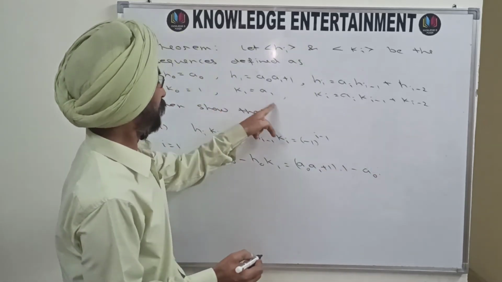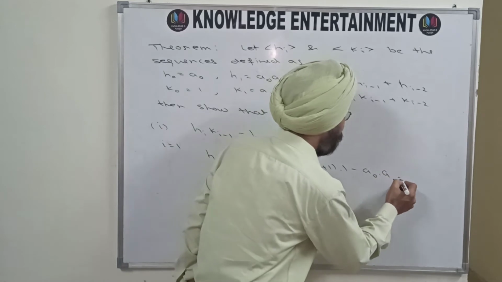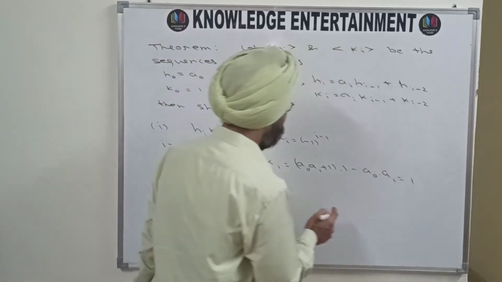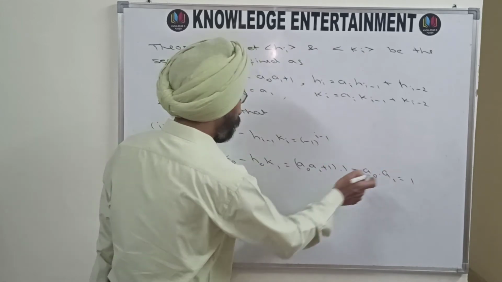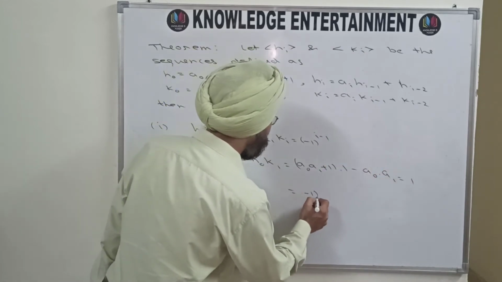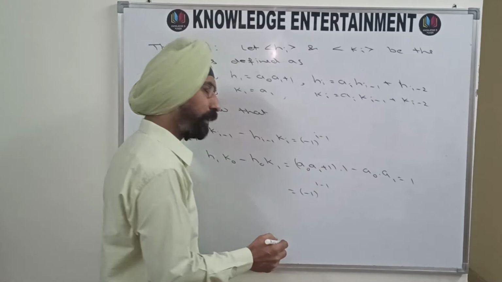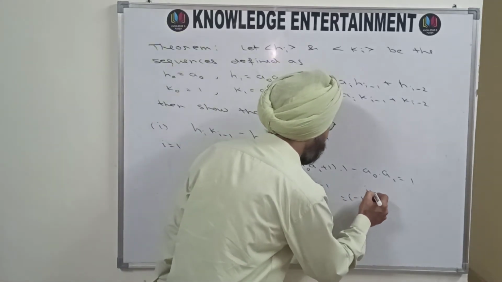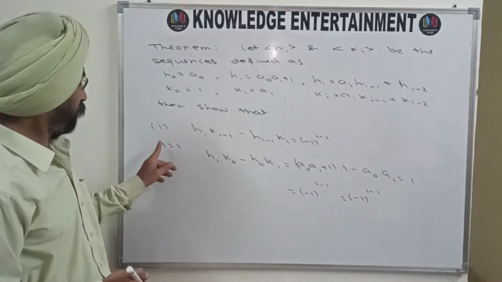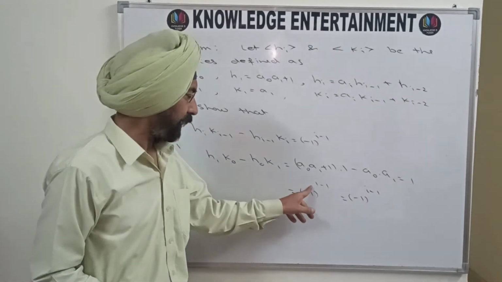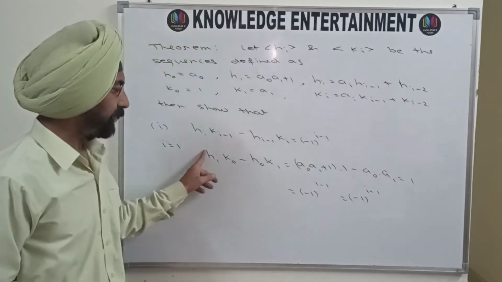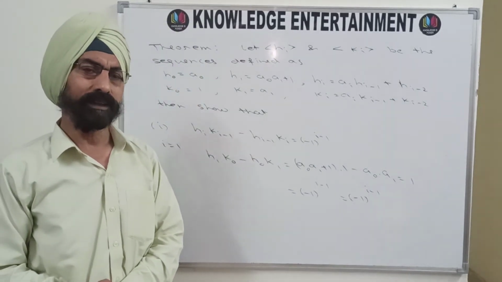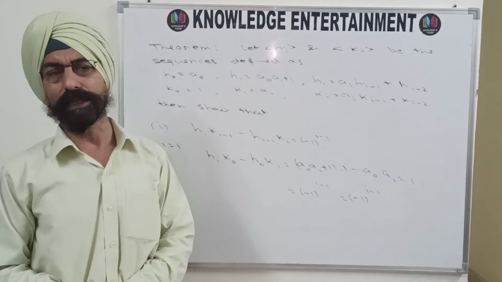K1 is a1, and if you solve it you will get 1, because this term will be cancelled out. You will get 1, or you can say minus 1 raised to the power 1 minus 1. That means minus 1 raised to the power i minus 1, because your i is 1. So this result is true for i equal to 1. That is the first step of the principle of mathematical induction.